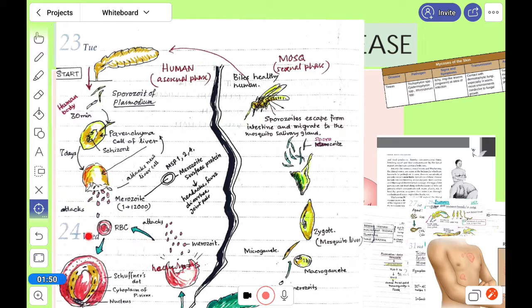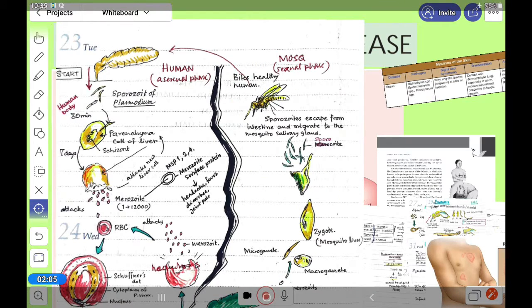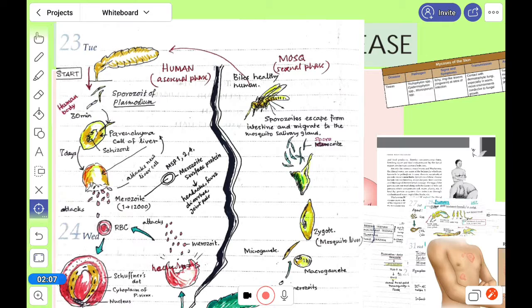look at this area. This area is the human body. In the human body, in Plasmodium, the asexual phase of reproduction is going on, whereas in the mosquito's body the sexual phase is there. So the cycle is complicated and we have to check it.